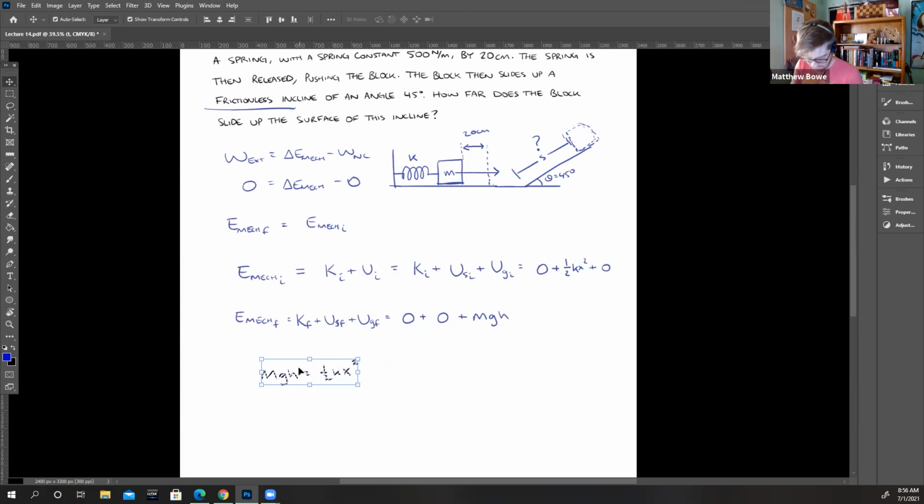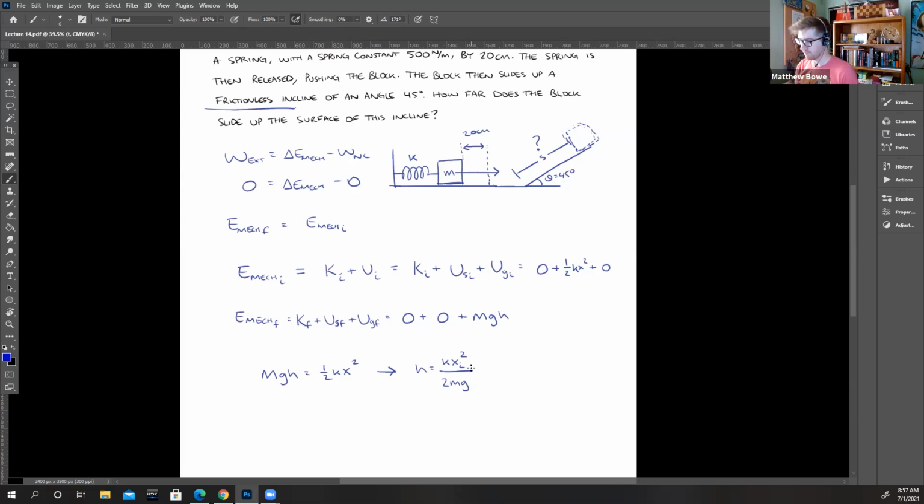Let's arrange it to solve for the height. What is the height that's brought up at? The height is the spring constant, k, times how far the spring was initially compressed, squared, over 2mg.